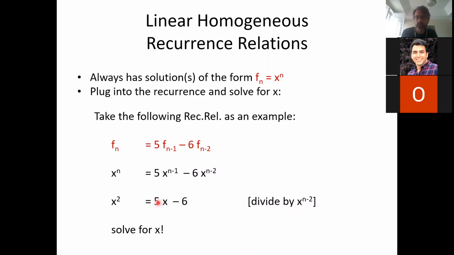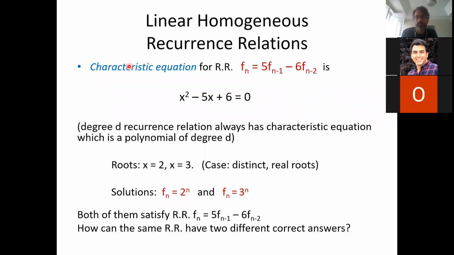This equation has a name. It's called the characteristic equation for a given recurrence relation. So this was an example recurrence relation we had on the previous slide, and we saw that the characteristic equation for it is this.